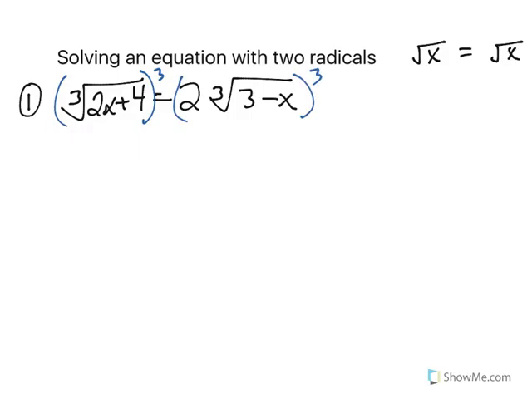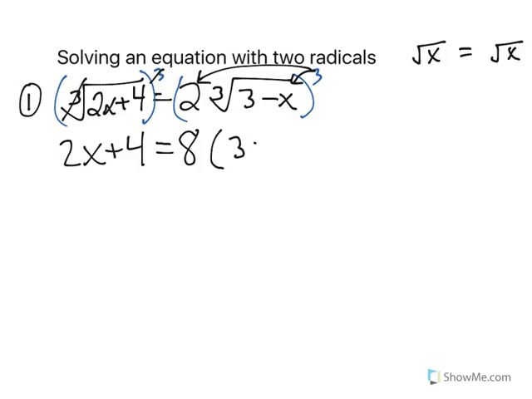So when you cube both sides, and this is unique, the 3's here cancel, and we just have 2x plus 4, but on the right side, the 2 gets cubed, and so does the radical, so you end up having 8 times 3 minus x. And you have to distribute that, so you have 2x plus 4 equals 24 minus x.